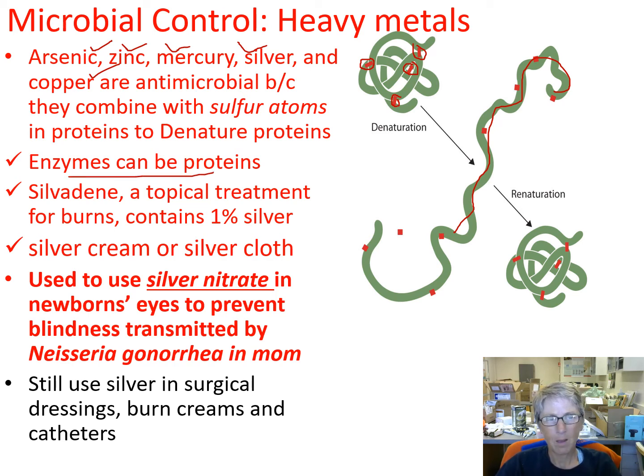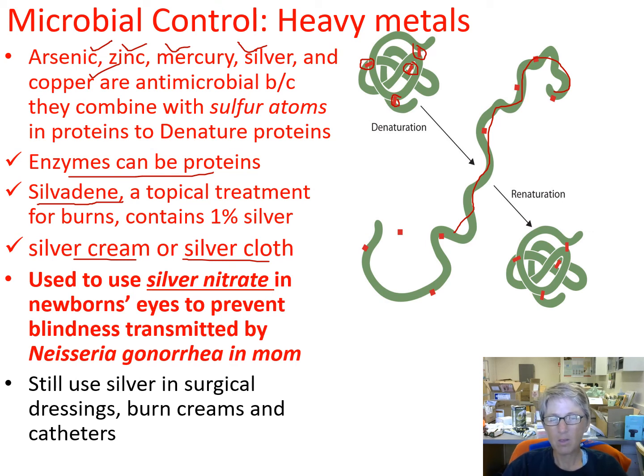I don't know if you've heard of this Silvadine. It's topical, so you put it on your skin. It's for burns. It contains 1% silver. When you get a burn, you don't want bacteria to colonize where the burn is. Silver creams or a silver cloth is also good to help control microbes.